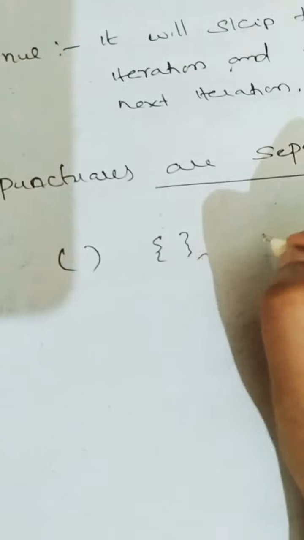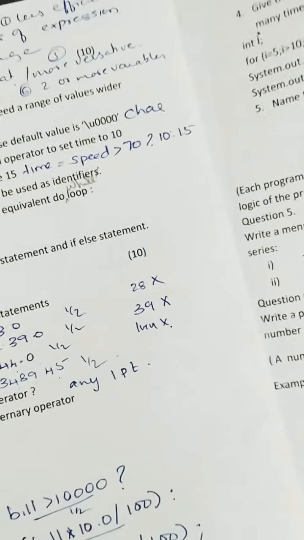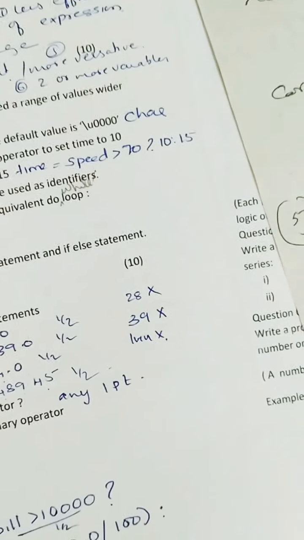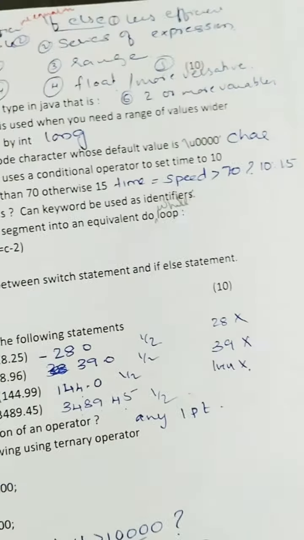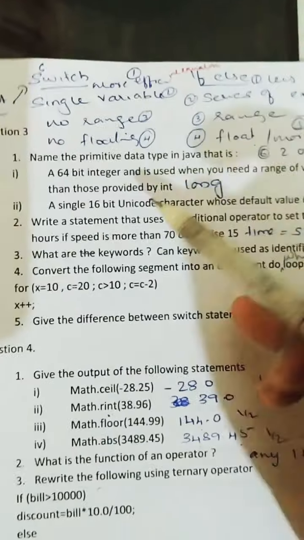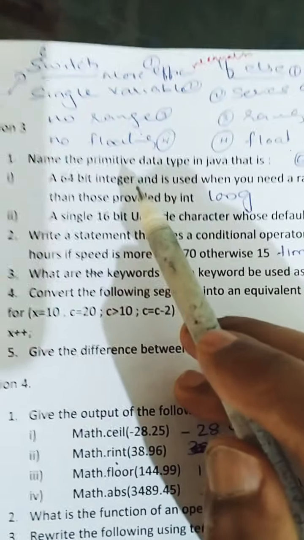Now moving to question 3 part. It is of 10 marks again. So you have 4 questions, each carries 10 marks. Question 3, first part: name the primitive data type in Java that is a 64-bit integer.